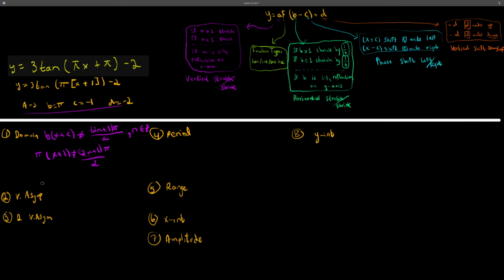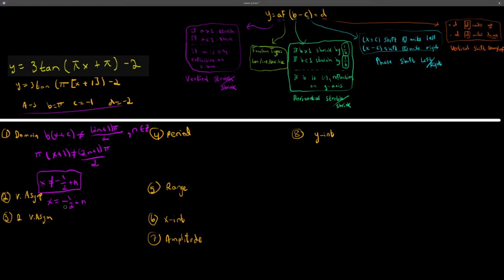And eventually you will reach the answer of x is not equal to -1/2 plus n. So that is the not equal to. So that is the answer of the domain. Now the vertical asymptote is going to be x equal to -1/2 plus n.